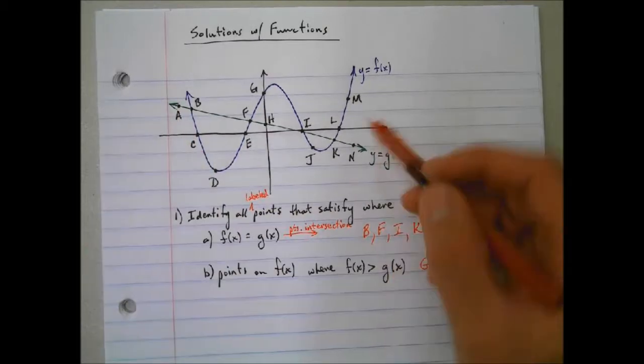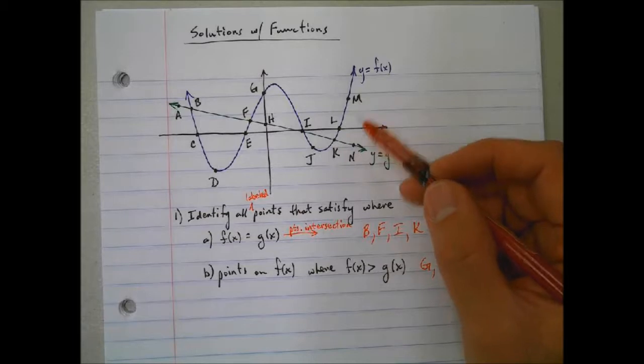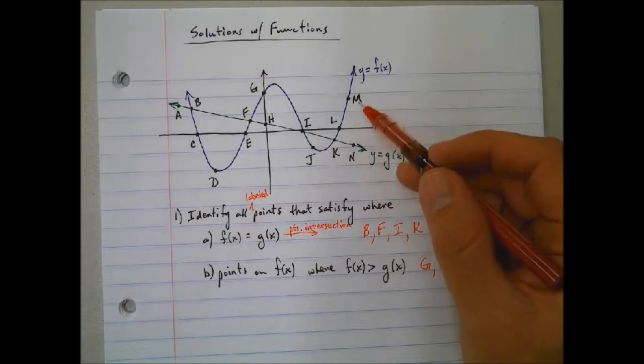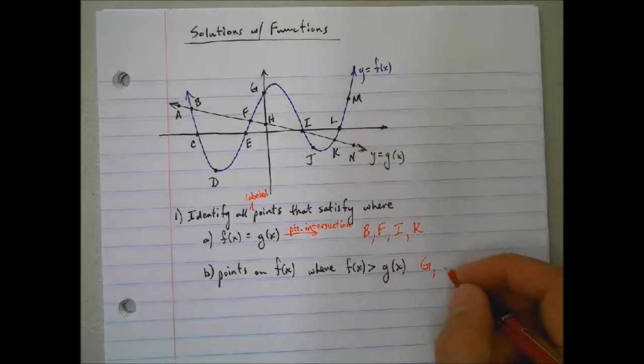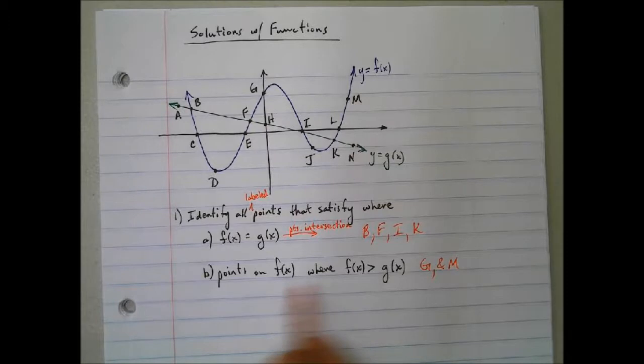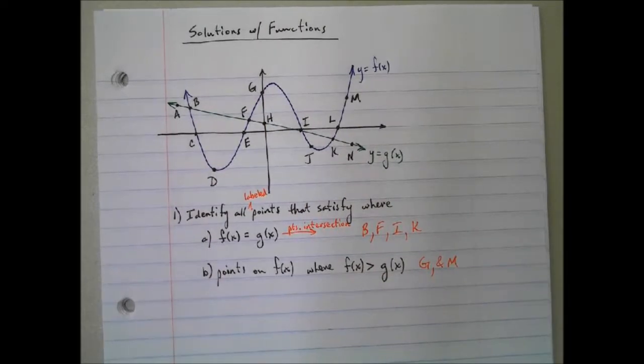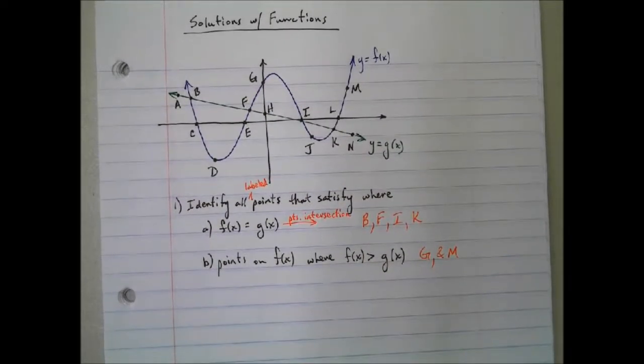How about over here to the right? F is above g of x. Are there any labeled points out there? Yes, M. So points on F where F is greater than g of x: point G and point M. Now we can go the other way with that as well.